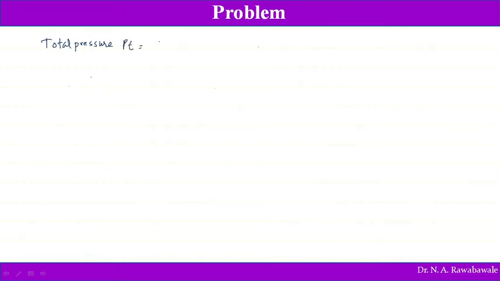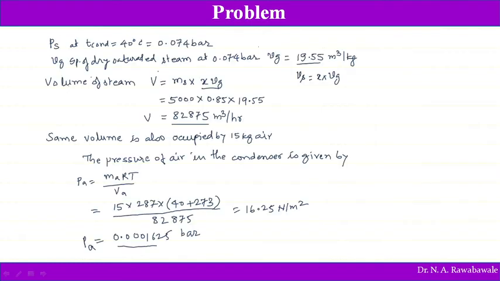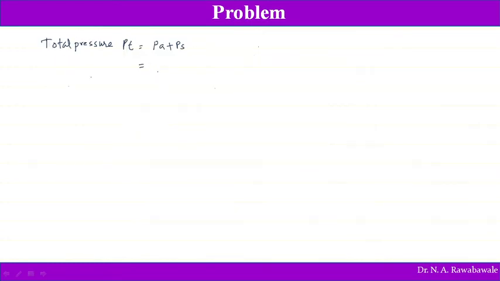So now once we know the partial pressure of air, the total pressure PT is equal to the partial pressure of air plus the partial pressure of steam. The partial pressure of air, which is calculated just now as 0.000165, plus the partial pressure of steam, which was obtained as 0.074 bar.